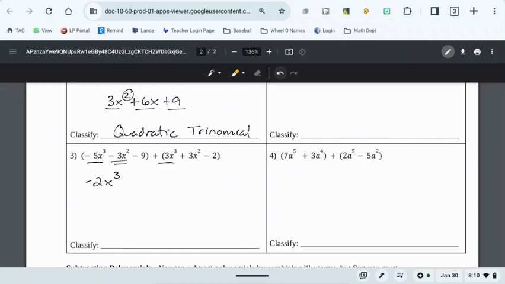Negative 3x squared plus 3x squared, well, that gives us 0. Then we have negative 9 minus 2 gives us negative 11. Now we go ahead and classify. We have cubic because the largest degree is 3. And then there are 2 terms, so we call that a binomial.